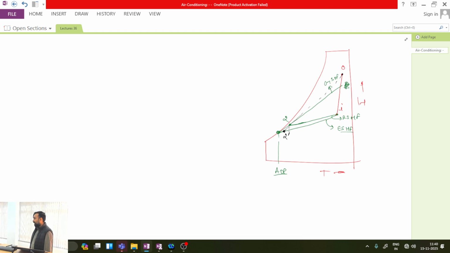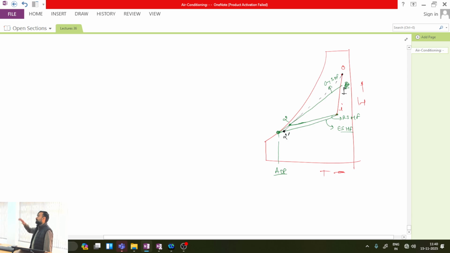Okay. And what is the benefit of the ESHF line? Once we are bringing the ESHF line, it is allowing us to calculate the supply state and the mixing state 1. If this factor is not known, then ultimately what would have happened?